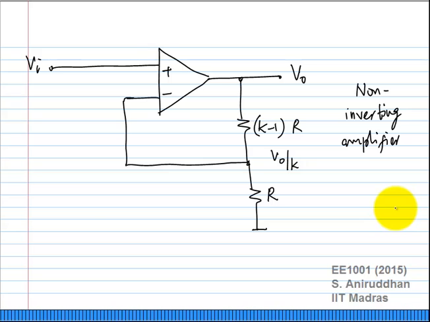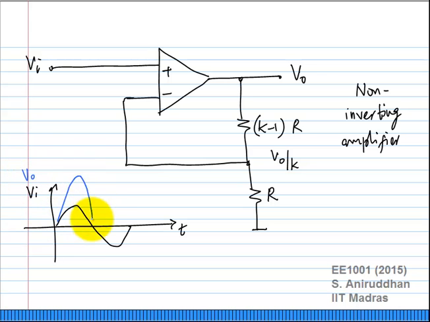Kind of. In reality, so far we have been assuming that VI, VO, etc. are DC signals. In reality they can also be sinusoids or combinations thereof. So if your VI was a sinusoid, this was VI versus time, and VO, let us say, looks like this. This is a non-inverting configuration.